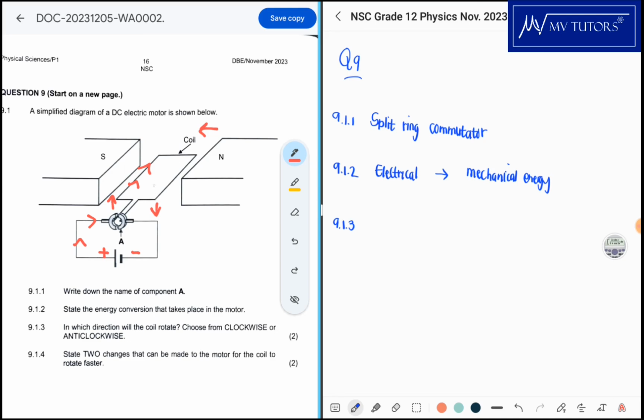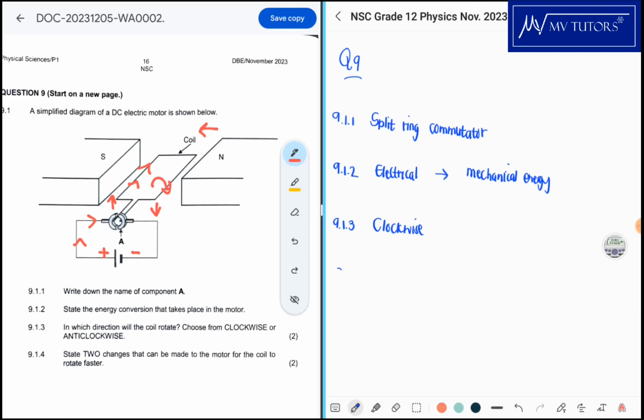So in this case, it's going clockwise. Okay, so here, clockwise. Guys, if you decide to use the right hand, then this will be wrong. So be careful. When it comes to motors, we're dealing with the left-hand rule. When it comes to generators, we're dealing with the right-hand rule. Okay, so definitely going clockwise.